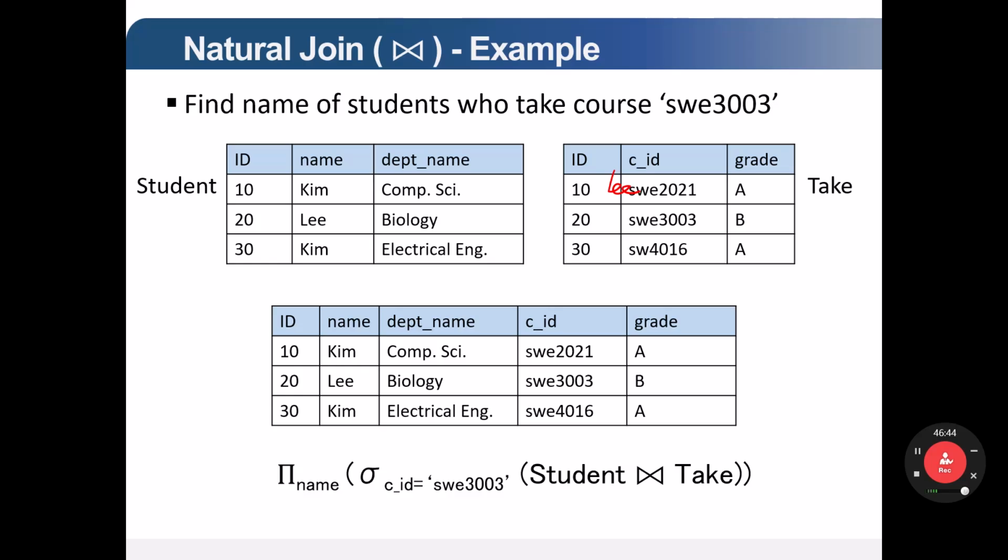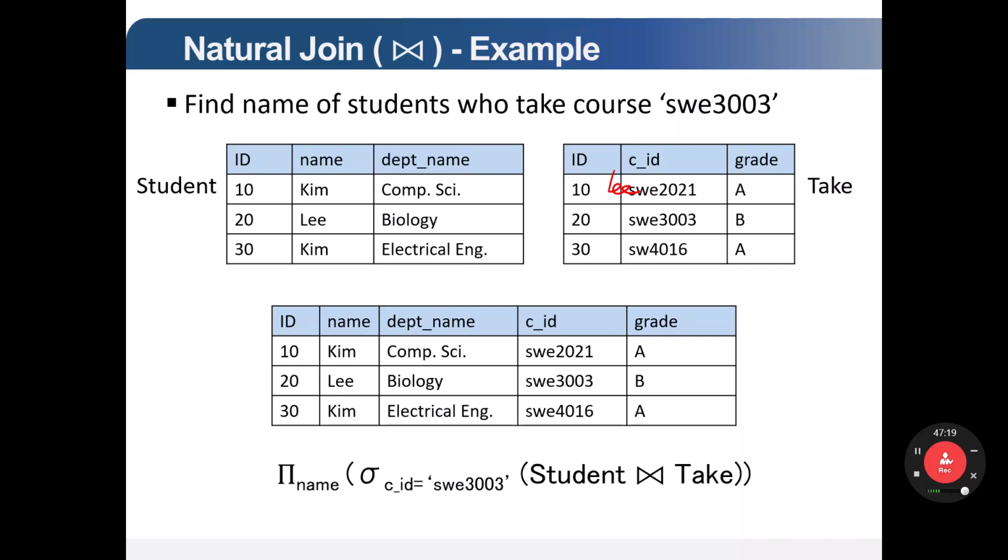So this natural join will find matching records using the common attribute. So for this first tuple of student, we found two matching records. So the output table will have two records for these two relations. So 10 Kim SWE 3003 will be put in the first row.